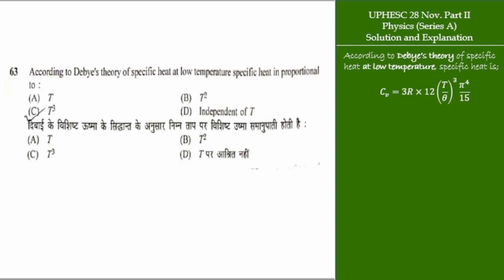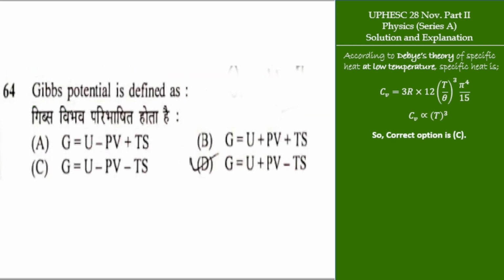We can easily conclude that Cv is directly proportional to the cube of absolute temperature. At low temperature, this formula is applicable. Therefore, the correct option for this question is option C, T cube. Specific heat is proportional to T cube.